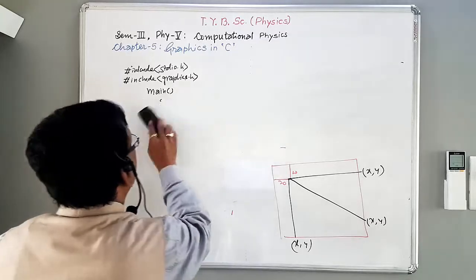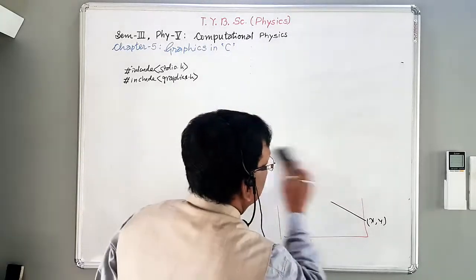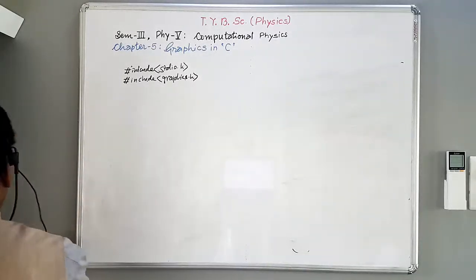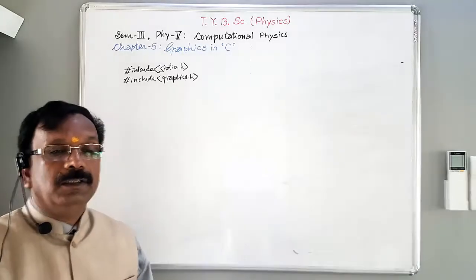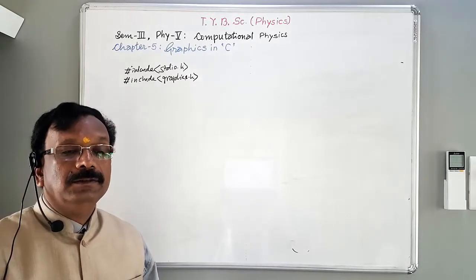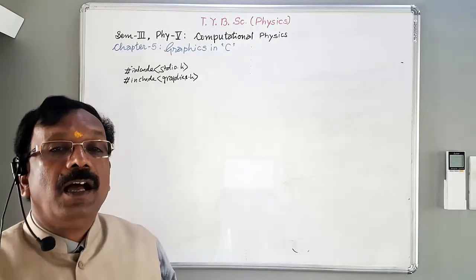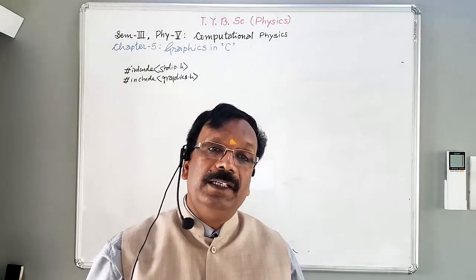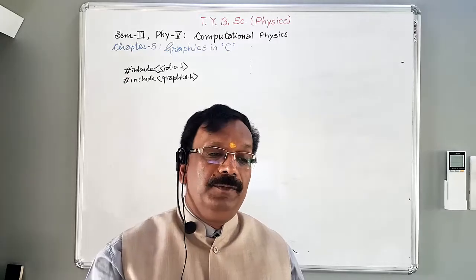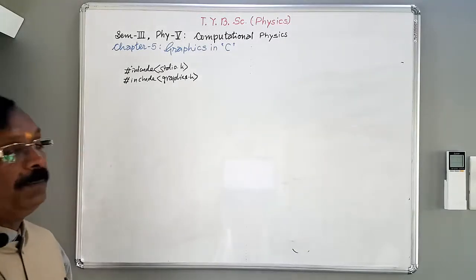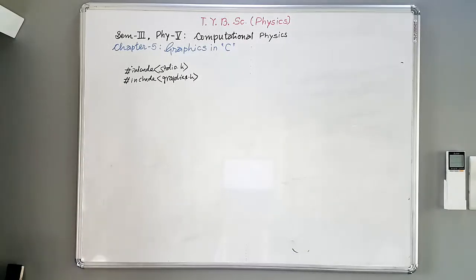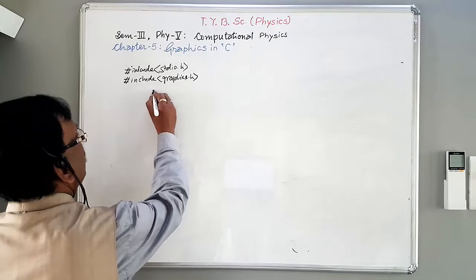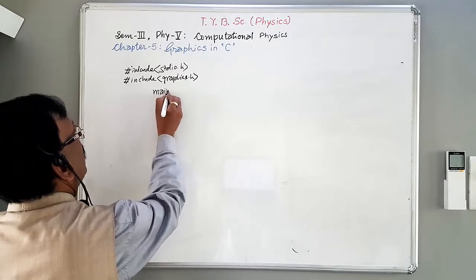Now we are going to see the next program. If we want to draw a line, circle, arc, ellipse, bar, and rectangle on the screen together, then we can prepare a very simple program, and for that purpose we can prepare the program like this. Again, main.